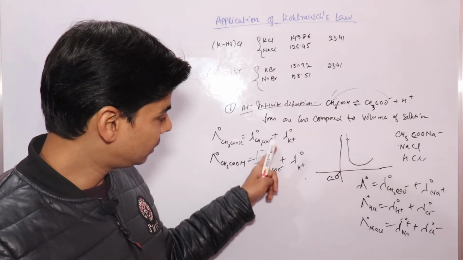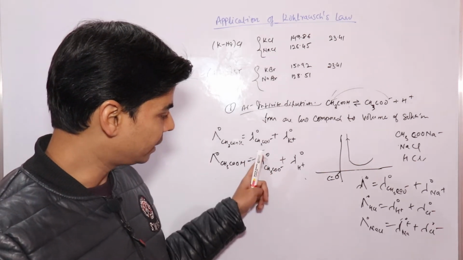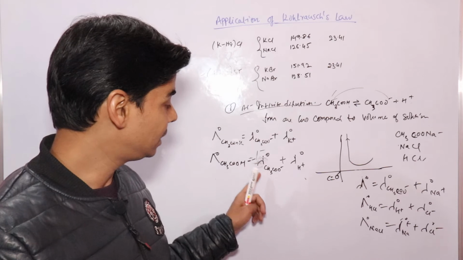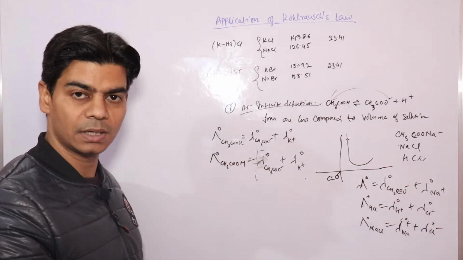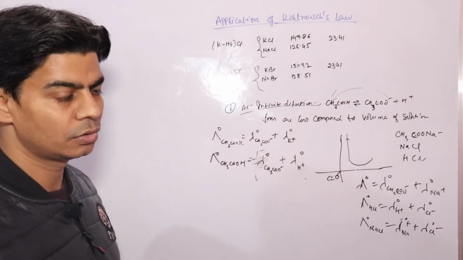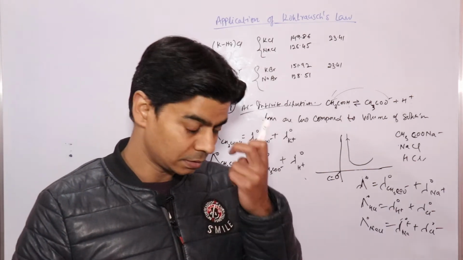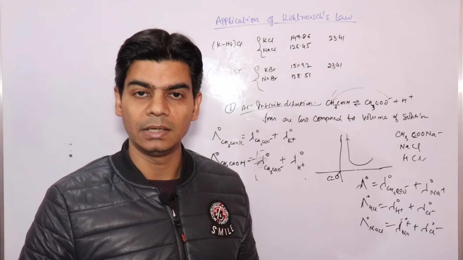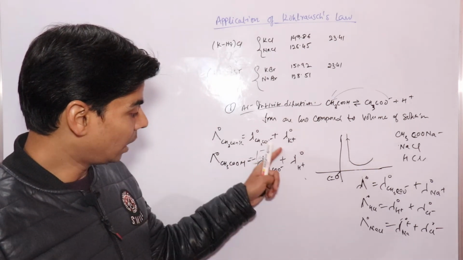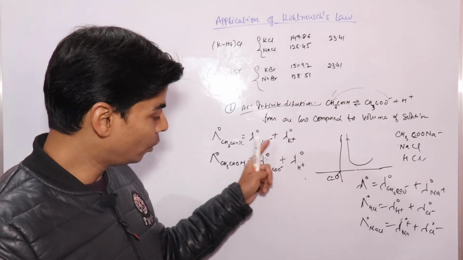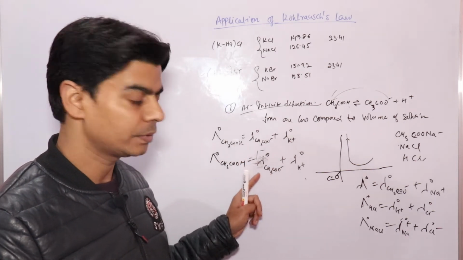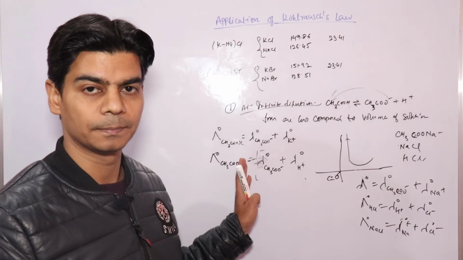Why can we get the ionic conductance of acetate ions from some other electrolyte? Because as per Kohlrausch's law, at infinite dilution, the movement or mobility of ions is independent of one another.